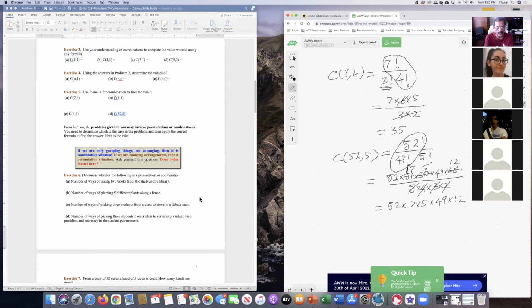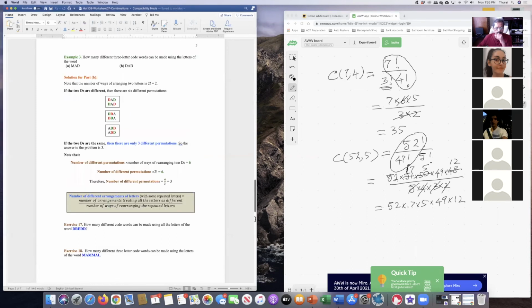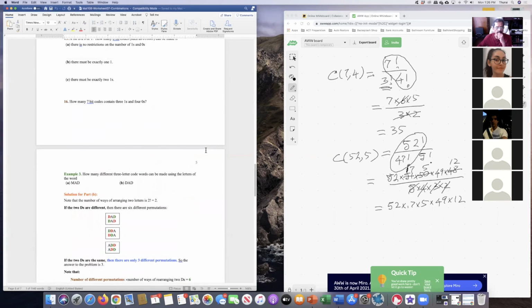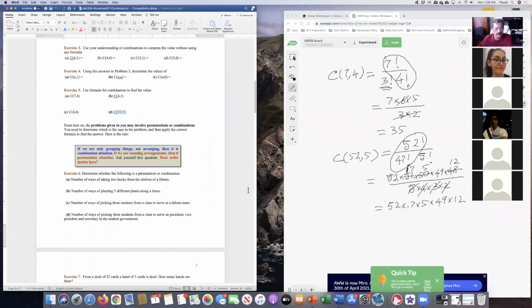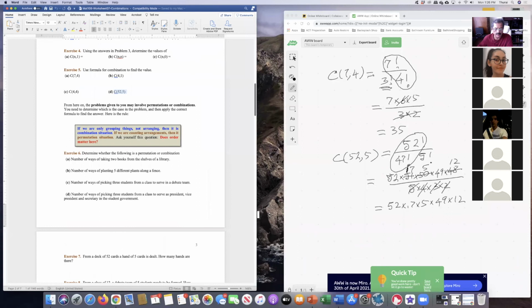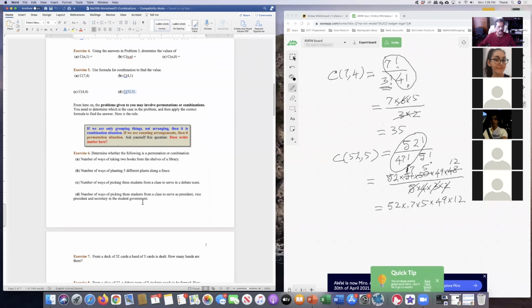Are we counting rearrangements, or are we counting just the number of ways of selecting? Are we counting selections or rearrangements? That's the question you need to ask. And it can be difficult. Students very often go wrong with that, but only by practicing you can learn that.